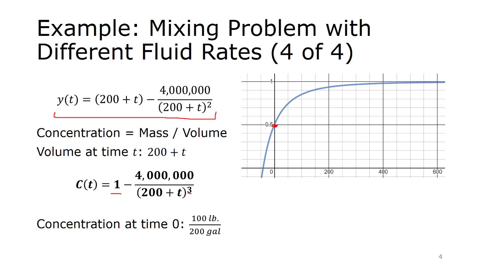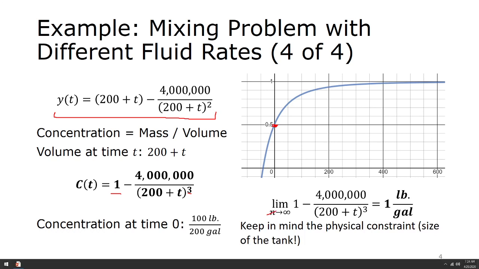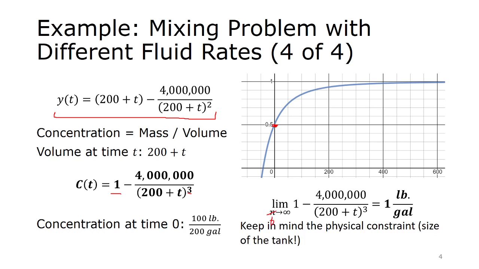We can see that numerically also by calculating the limit as t approaches infinity. I guess actually another typo, this should say t, right? As t approaches infinity, we end up with a concentration approaching 1 pound per gallon. That makes sense, I think, right? Because eventually if we keep pouring fluid into the tank, we should be approaching the concentration of the fluid coming in.